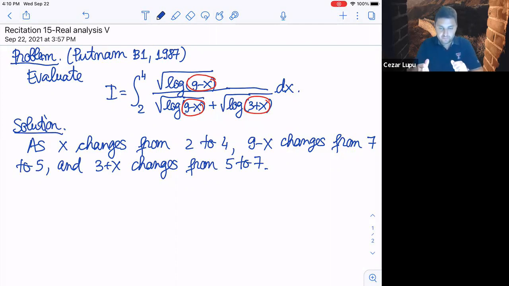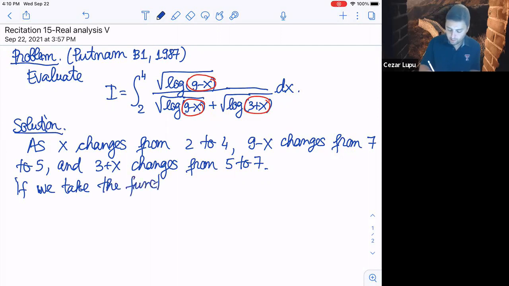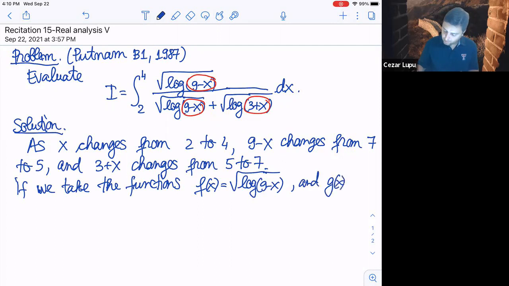Another remark is that if we take these two functions, let's denote them: f of x is the square root of the natural log of 9 minus x, and g of x is the square root of log of 3 plus x.